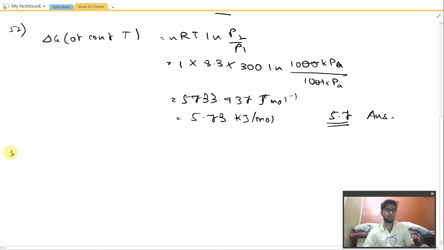Moving on to the next question, that is question number 53. It says 1 liter of an aqueous solution of urea contains 6 gram of urea.